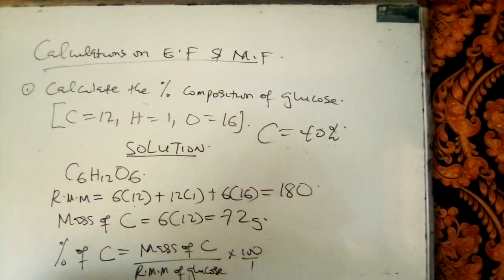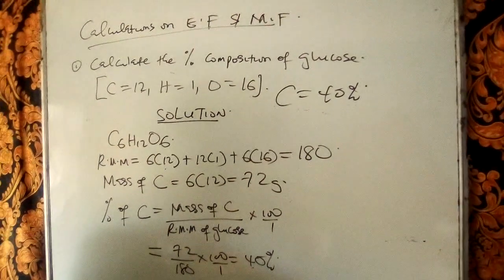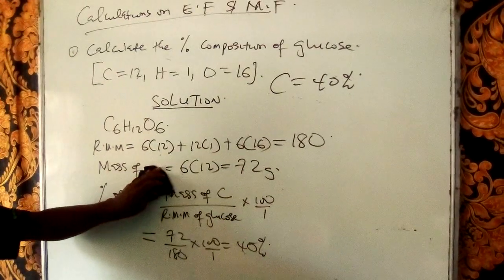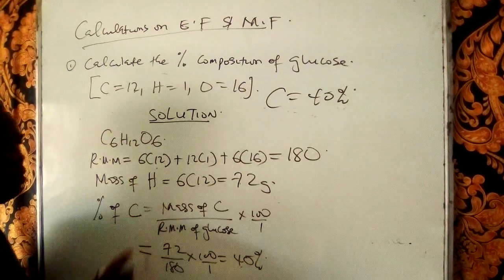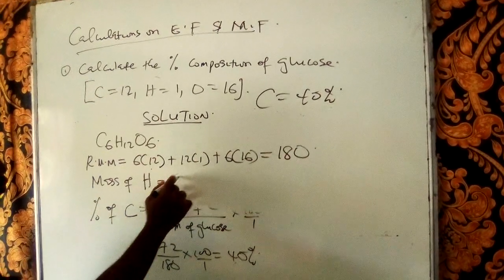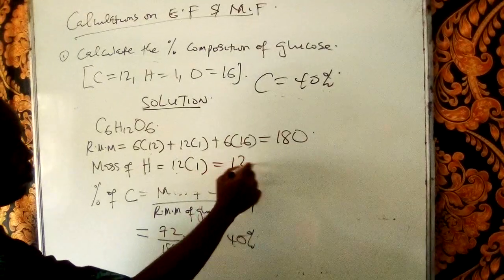So we now go to the next level, which is hydrogen. To find the percent of hydrogen, we have to find the mass of hydrogen instead of carbon. Hydrogen is 12 atoms, 12 times 1. The mass of hydrogen is 1, that gives us 12 grams.